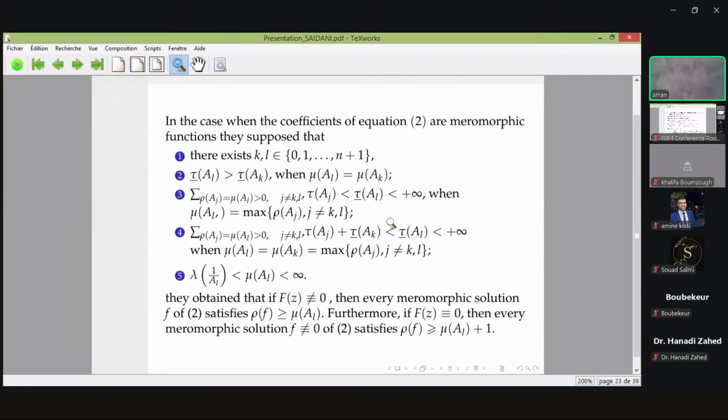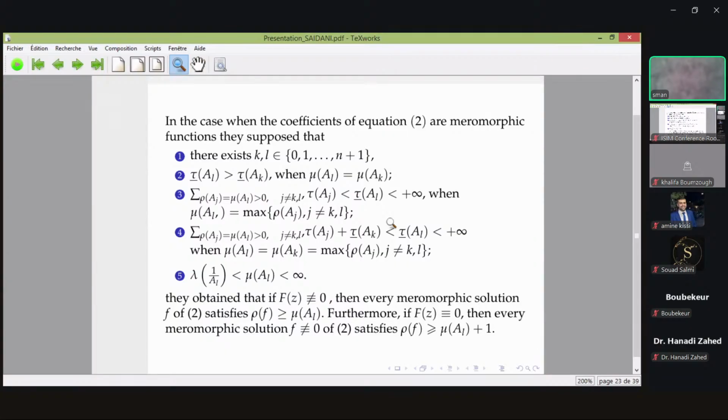In the case when all coefficients of equation 2 are meromorphic, under the same conditions as above, they also supposed that the convergence exponent of poles of AL is bounded by its lower order.